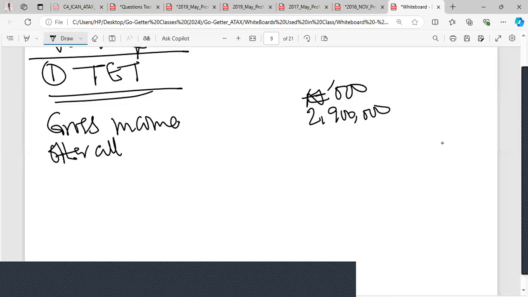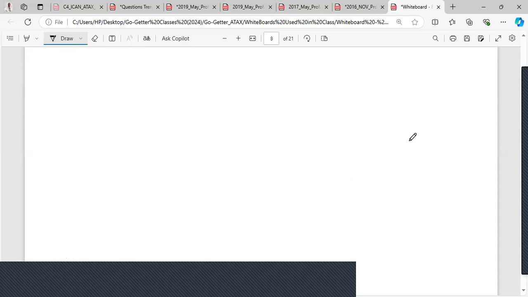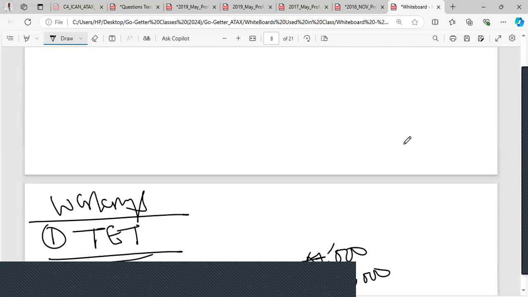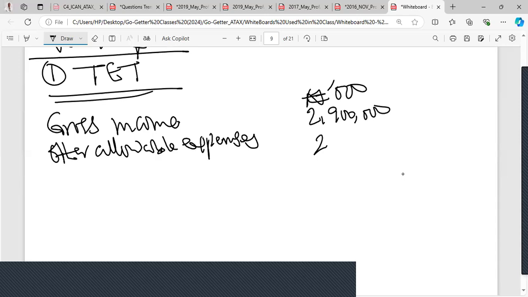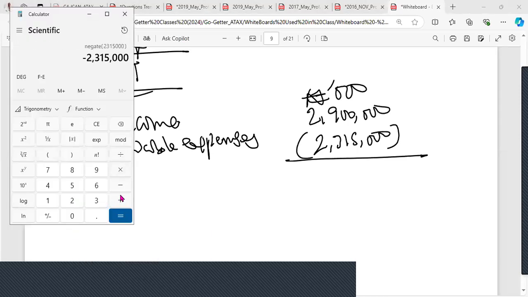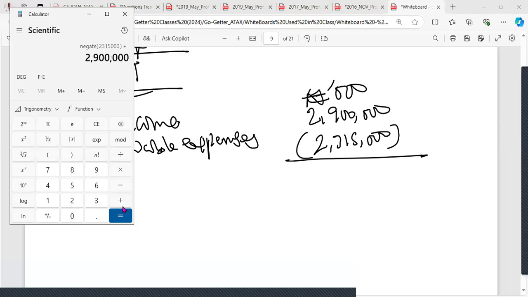Other allowable expenses, 2,315,000. So let's look for that, which will give me 585,000.